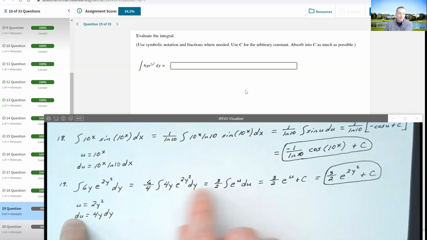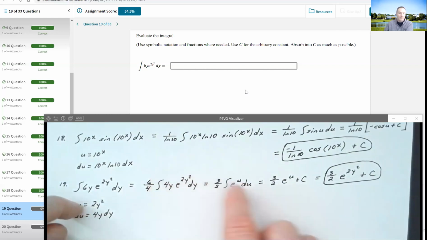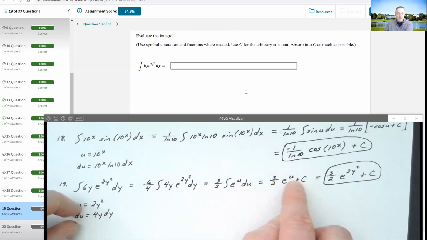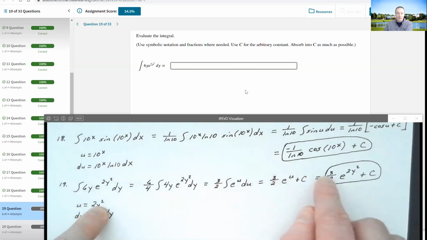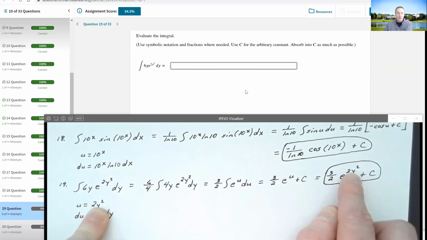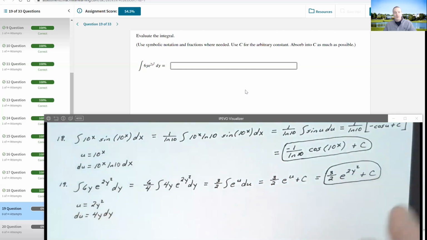The e to the 2y squared, that's just going to become e to the u. So the outside simplifies to be 3 over 2 times the integral of e to the u du. Integral of e to the u is e to the u plus the constant of integration. I multiply that by my 3 over 2. Substitute back in for u, and you'll get 3 over 2 e to the 2y squared plus your constant of integration.